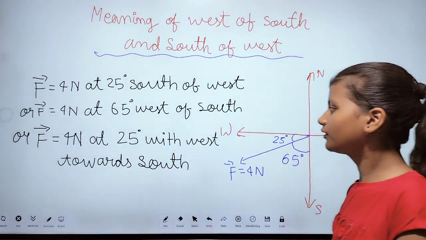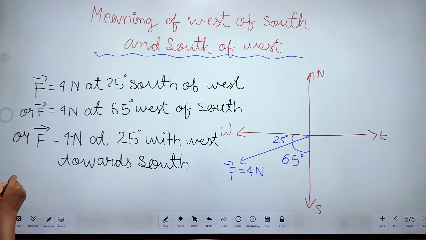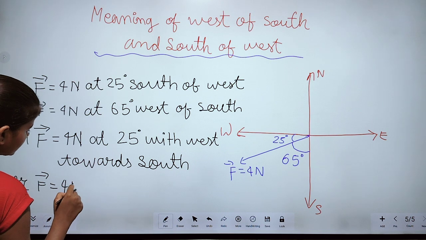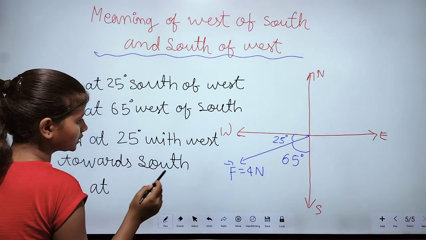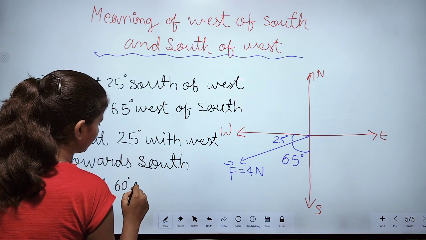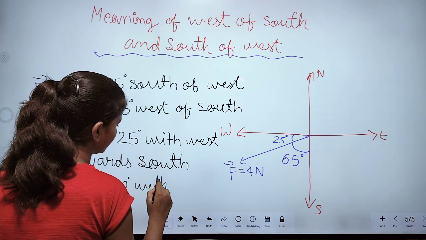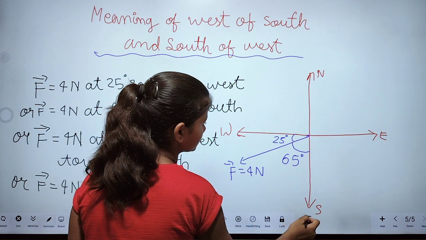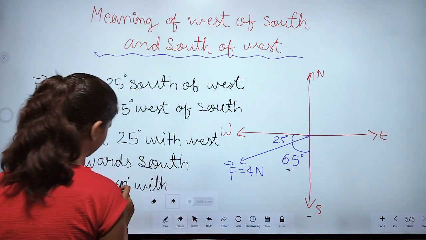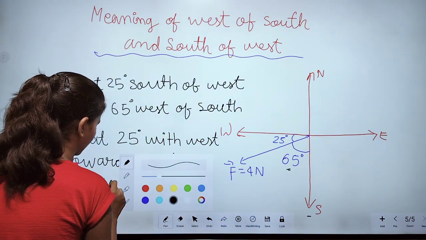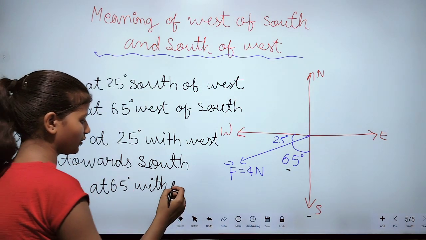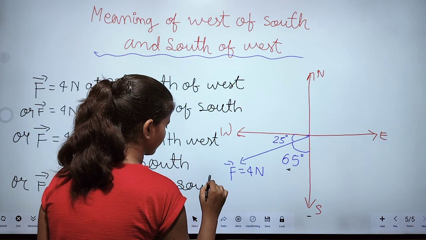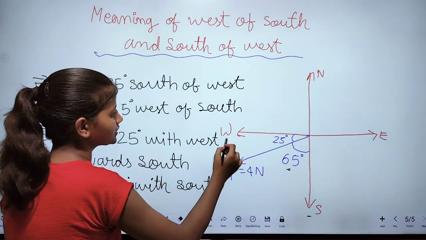Okay, or F vector is equal to 4 Newton at 65 degree with south towards west.